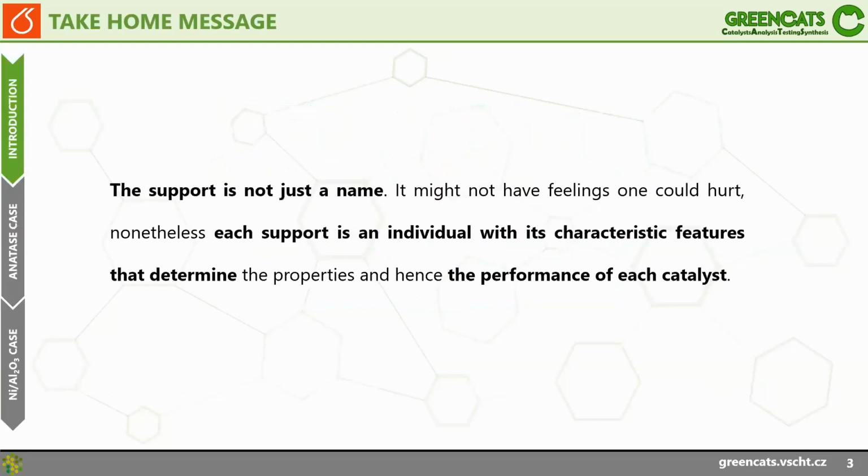So I will start with a take-home message that I put on this slide. The motivation behind it, and it's only my personal reflection, is that we say we have supported nickel or whatever, and that's it. Then we talk about the nickel for hours, and maybe mention that the support is alumina.